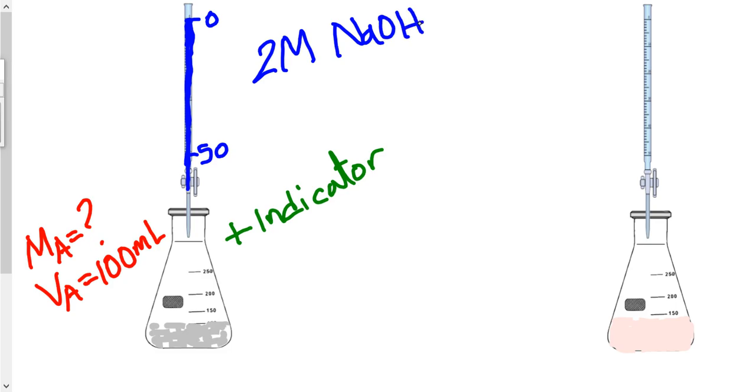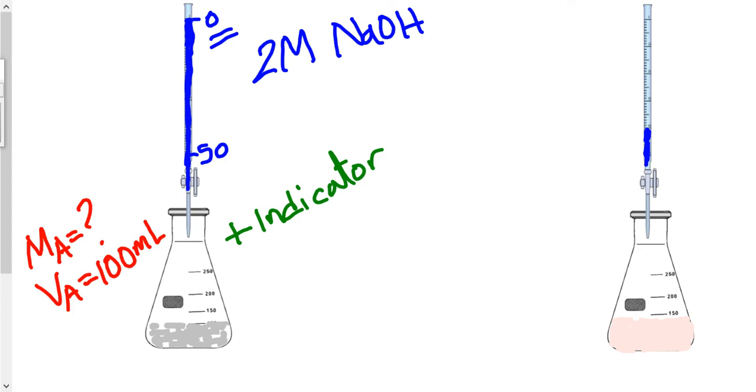So we know the volume and the concentration of the base, and we can figure out the volume of the base by using the starting and end point from the burette reading. So if you look at the burette reading, we started from 0. That's where we started from. And after we reach the endpoint, you can see the color change. We have to take the reading again.